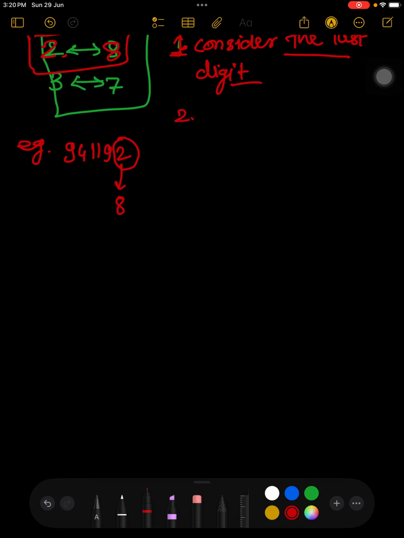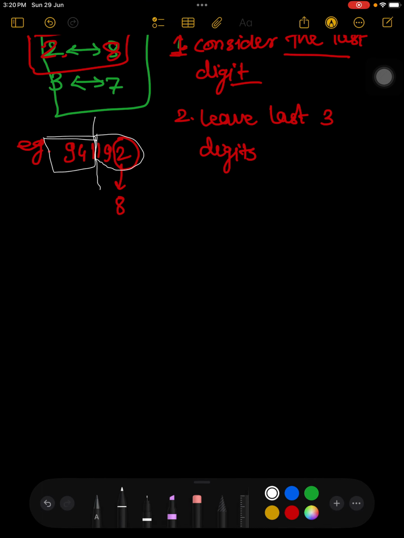Now the second step is to leave the last 3 digits. Remove them. Once we remove them, only 941 remains.